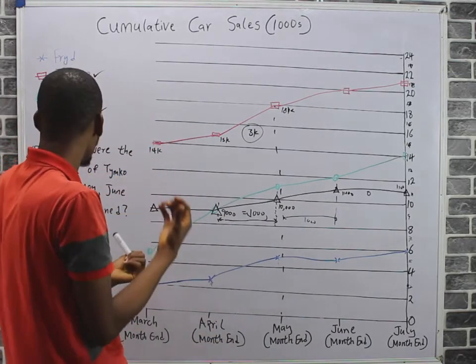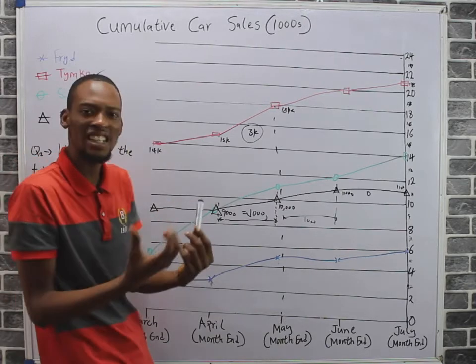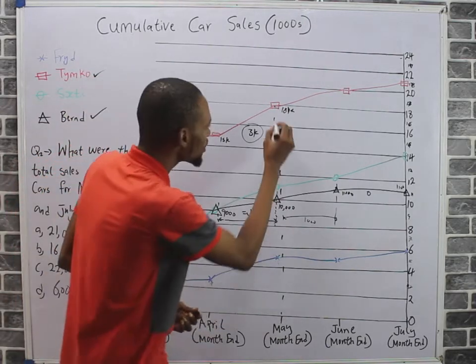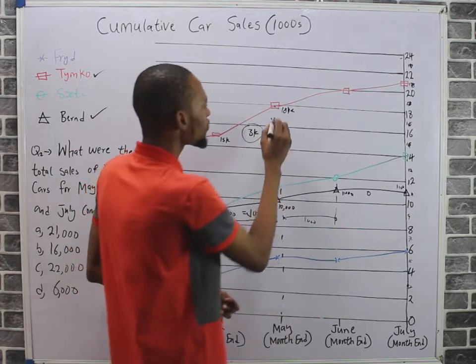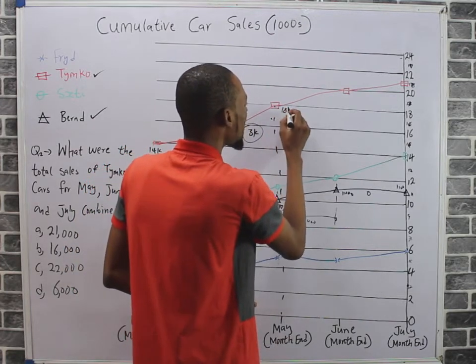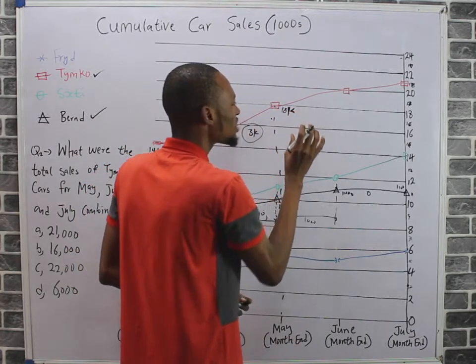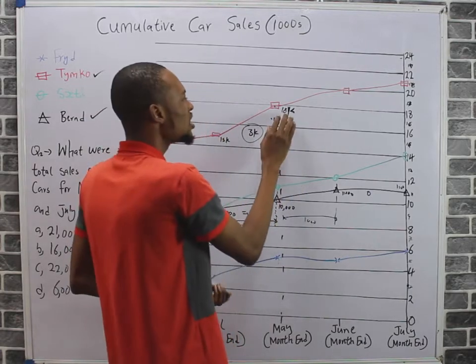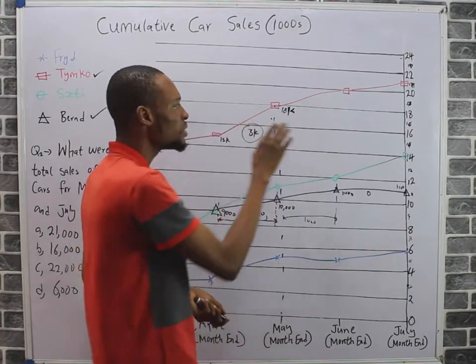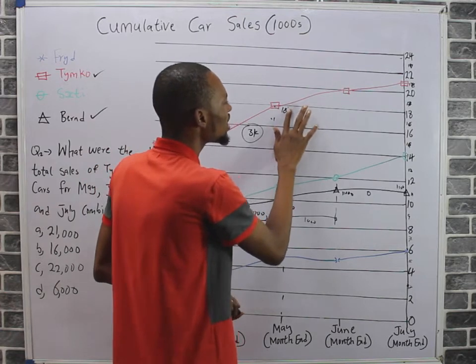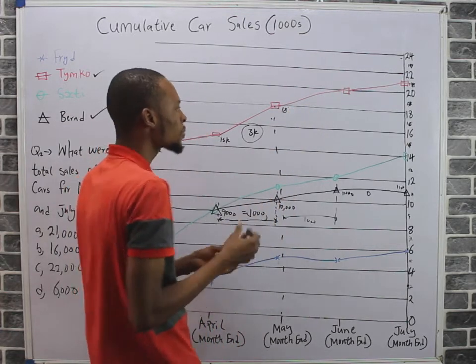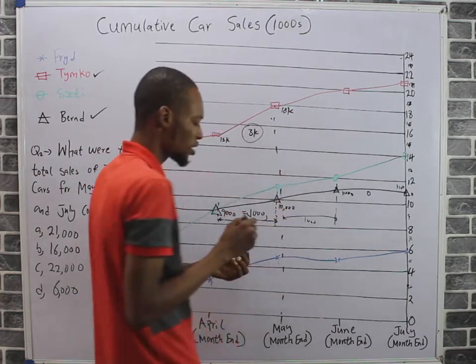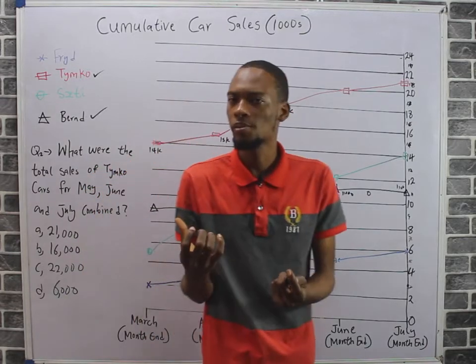How much did they make in May? And like I explained earlier, this is May. This means at the end of May, the total amount they made equals 18,000. This amount is not the amount they made in May, or the total sales made in May.